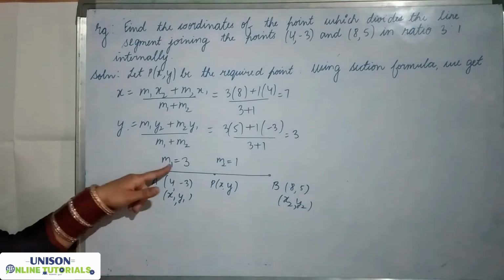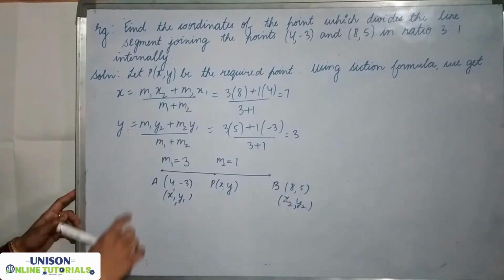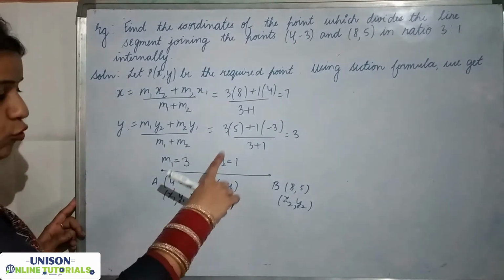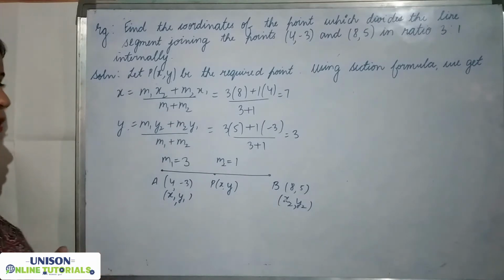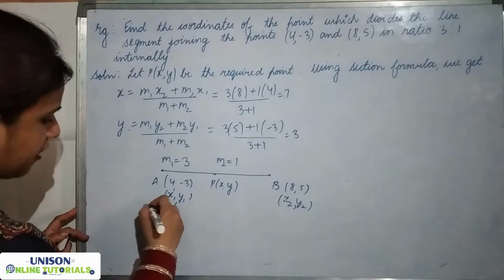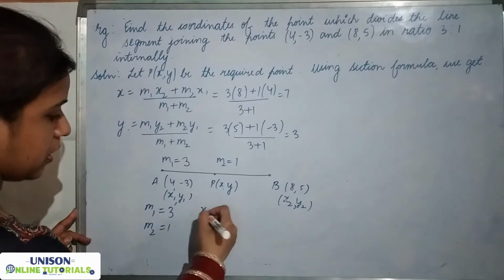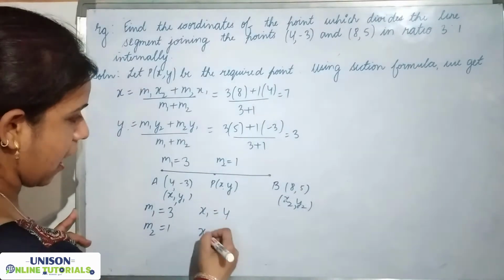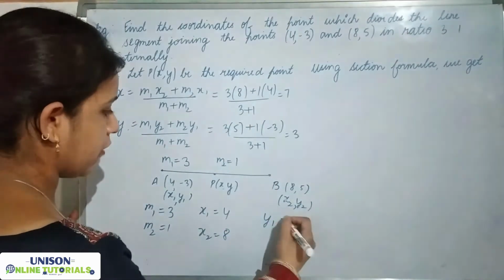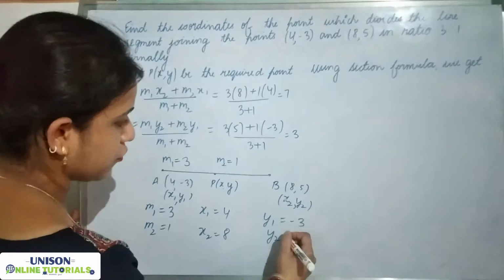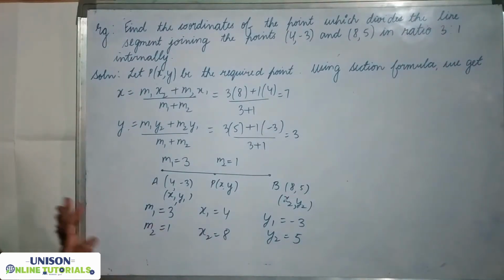So you can roughly write m1 equals 3, m2 equals 1, x1 equals 4 and x2 equals 8, y1 equals minus 3 and y2 equals 5. By using this, you are not getting confused.